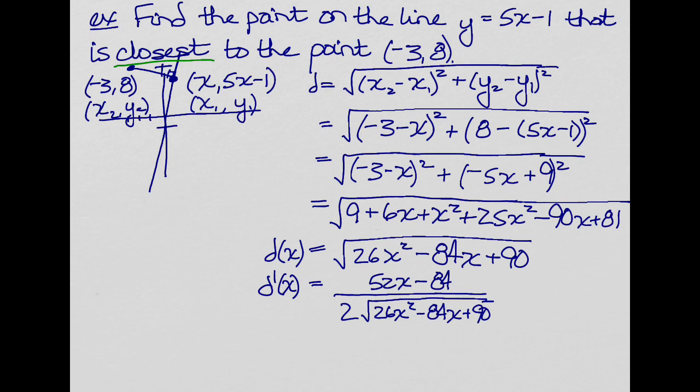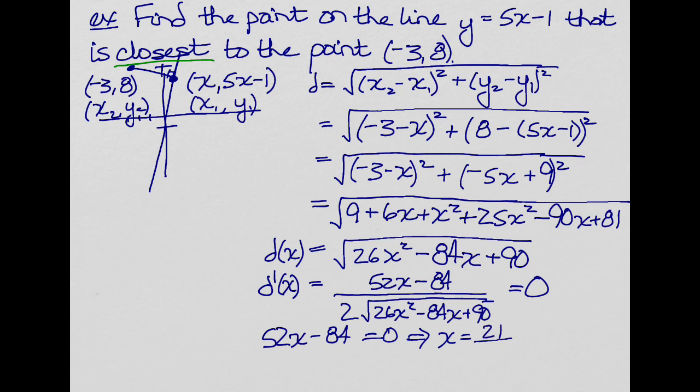Looking for critical numbers, so I need to know where that is equal to 0. Well, it's equal to 0 where its numerator is 0. And that happens when x is, this is a fun number, 21 over 13.